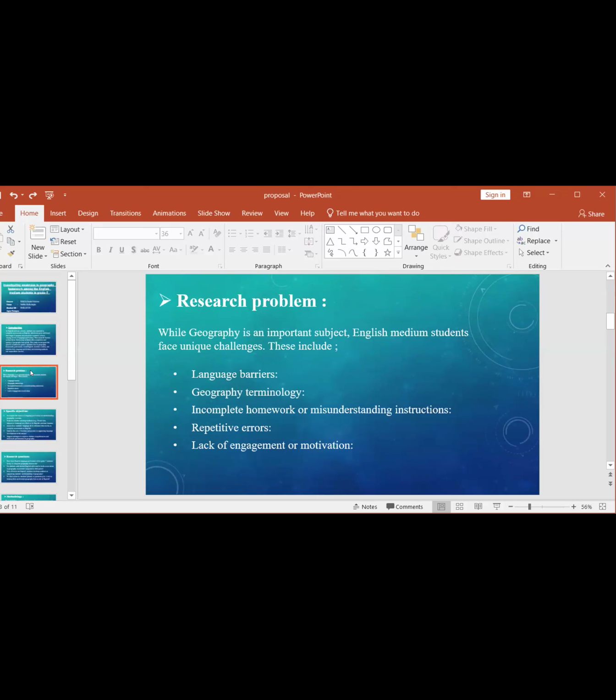Then geography terminology: key terms in geography can be complex and difficult to grasp if students still misunderstand the English language. The next one is incomplete homework or misunderstanding of instructions. They struggle with understanding homework assignments in English, which might lead to incomplete work or incorrect interpretation of questions.